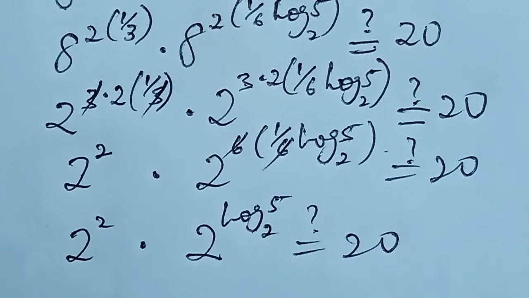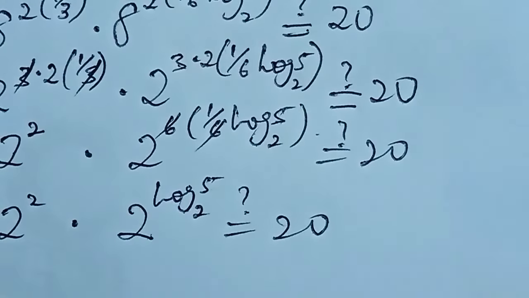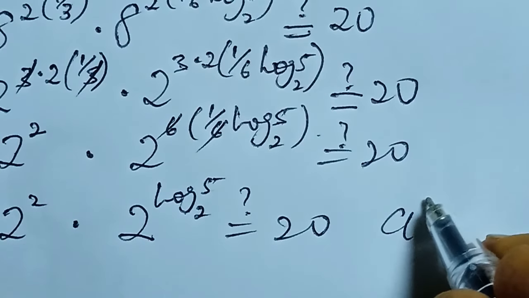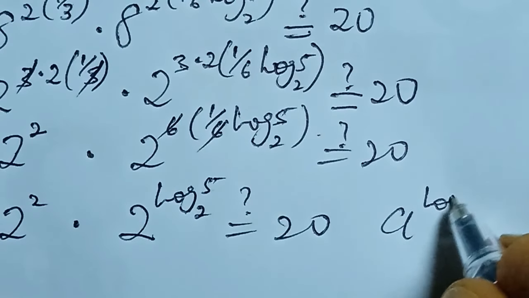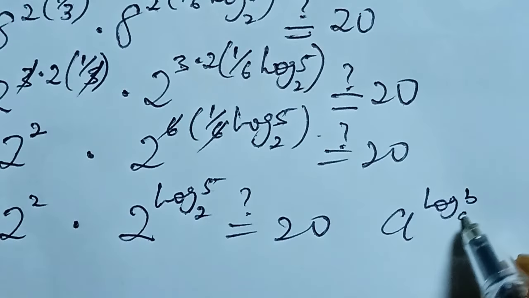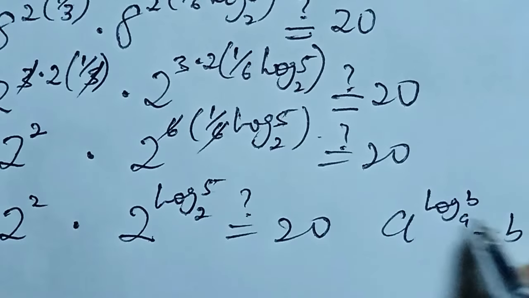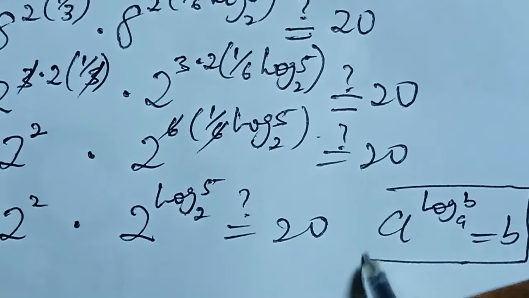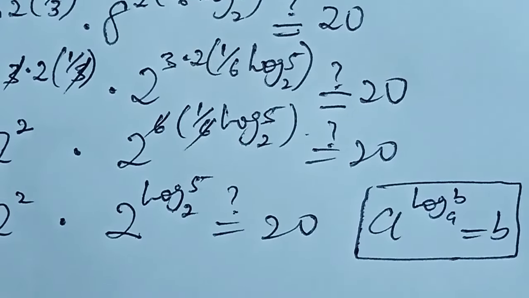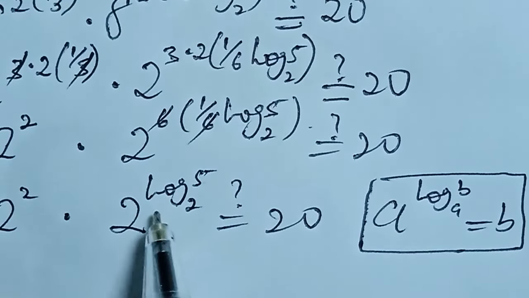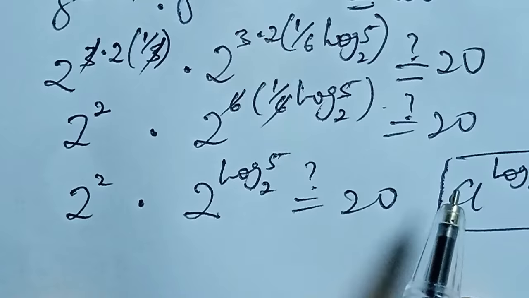So from our log identity, a to the power of log b base a is written as b. From this identity, we use it to approach this part of the expression from the left hand side.